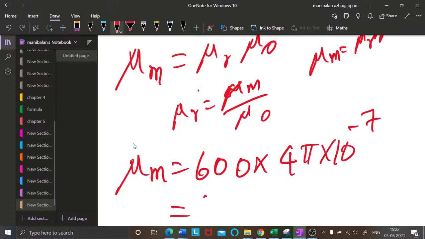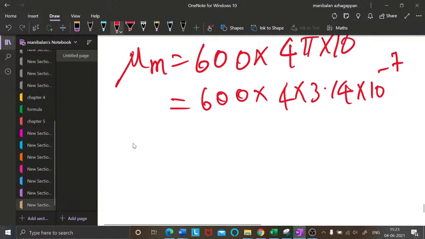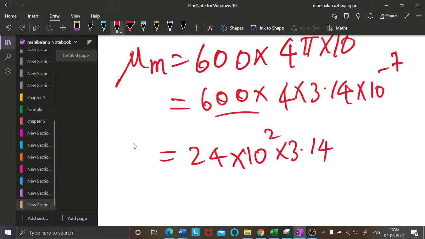So 600 into 4 into 3.14 into 10 power minus 7. So 6 into 4, 24. I wrote this as 10 power 2 into 3.14. Just a multiplication.